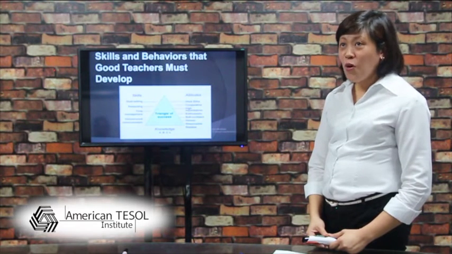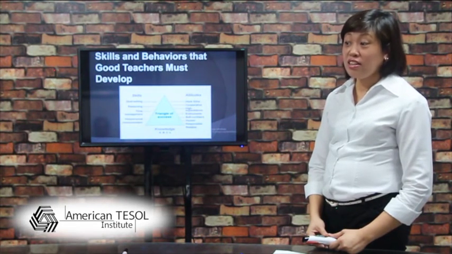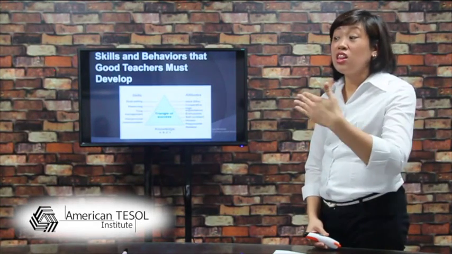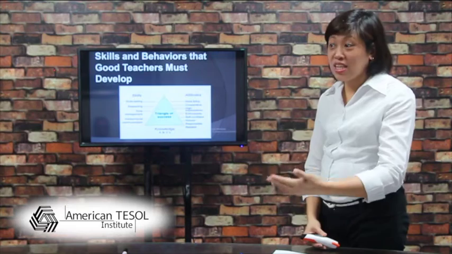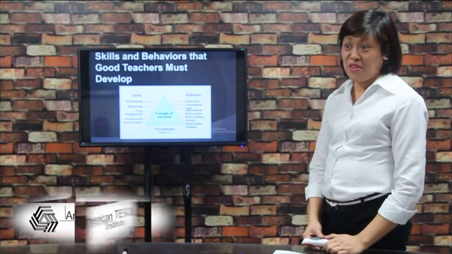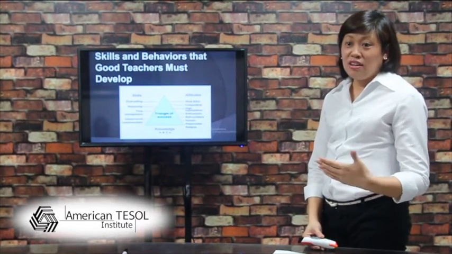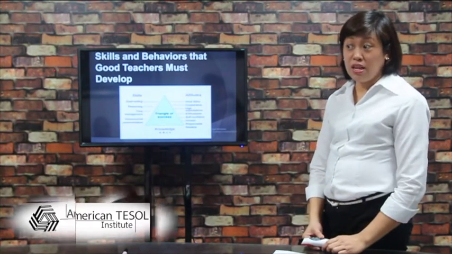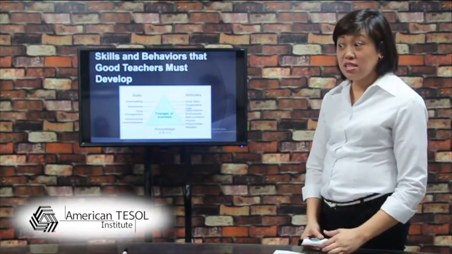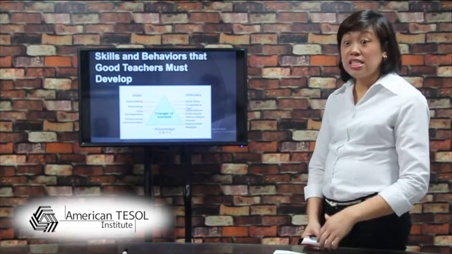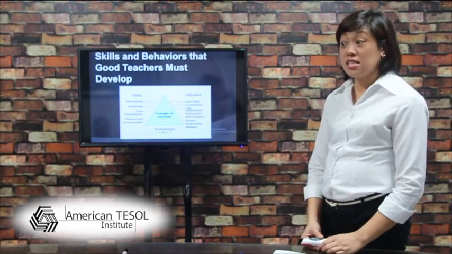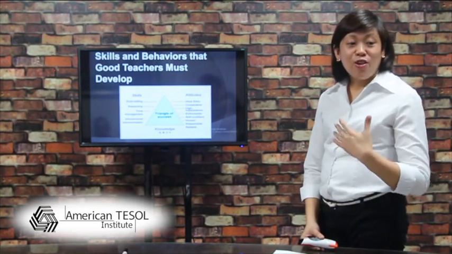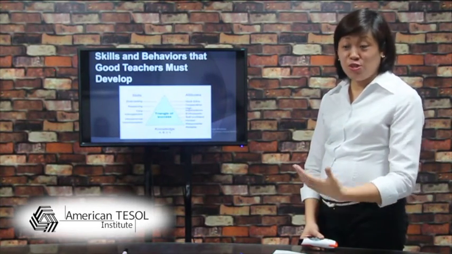But knowing English is not enough for you to be a good teacher. Transferring that knowledge to the student is the skill, okay? So a young brother can teach a younger sibling how to tie shoelaces. That's a transfer of knowledge. So that's a skill. Teaching is a skill. So you need to be able to transfer your knowledge in English to your students.